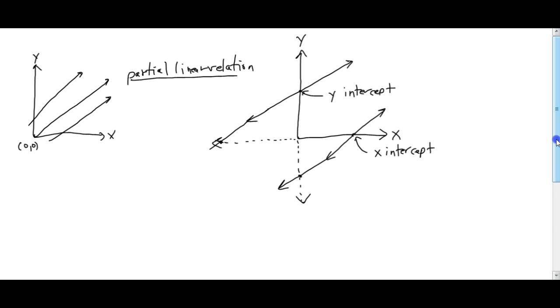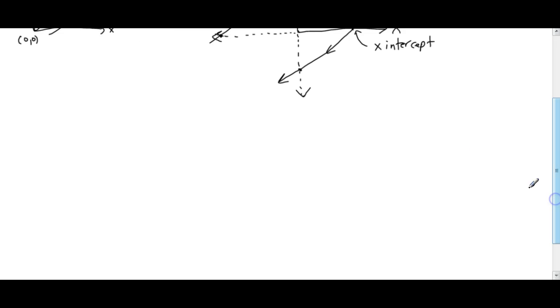So up until now we've been talking about lines that have slopes that are positive. So what do I mean by a positive slope? Well, if we have a line on an axis, and the line goes in a direction of up and to the right, that's known as a positive slope.